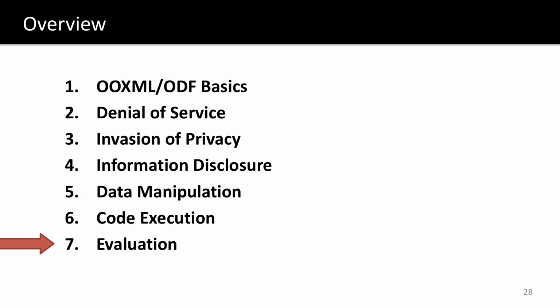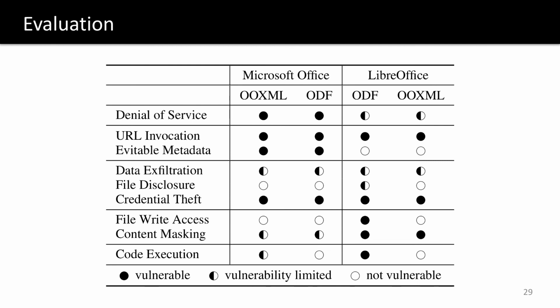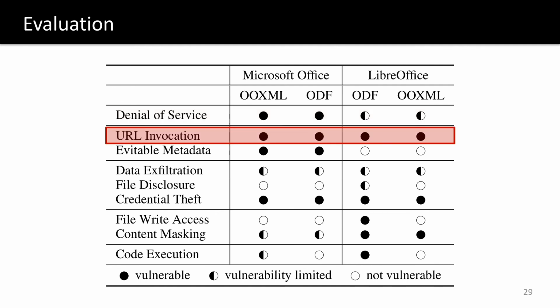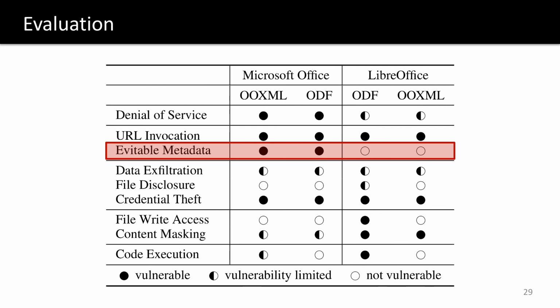So let me come to an evaluation of the attacks. Microsoft Office could be forced to hang and consume all available resources using deflate bombs, while LibreOffice stopped after providing around 4 GB to disk. URI invocation is a legitimate feature of both Office suites, while only Microsoft Office includes usernames into metadata.